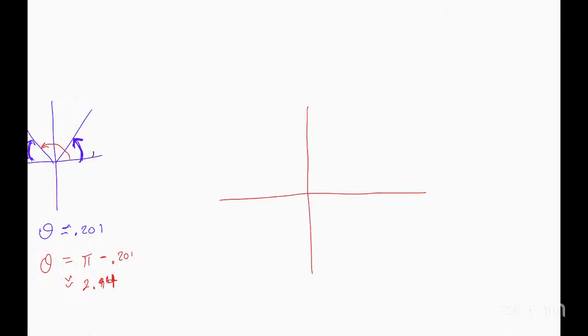The sine inverse of theta is defined between here and here, negative pi over 2 to positive pi over 2. That's the range of your sine inverse function.